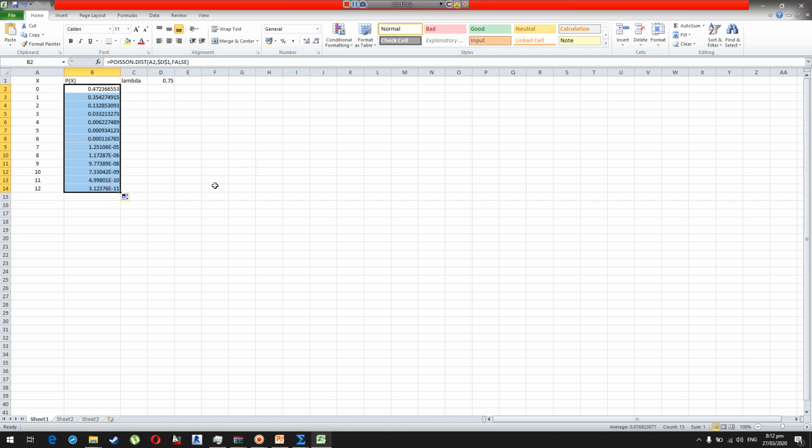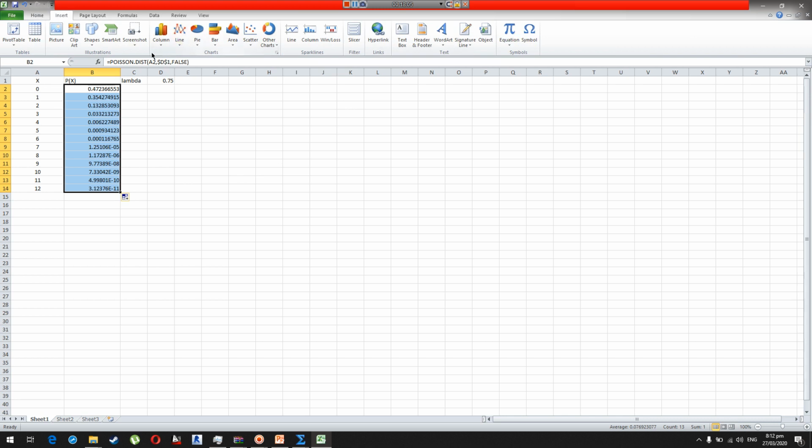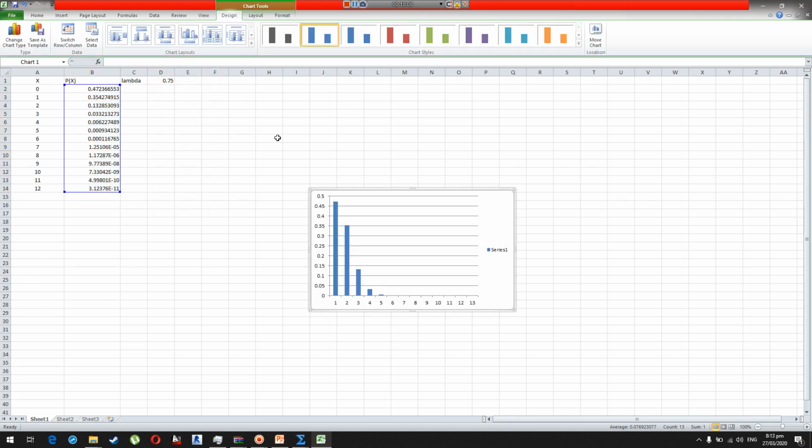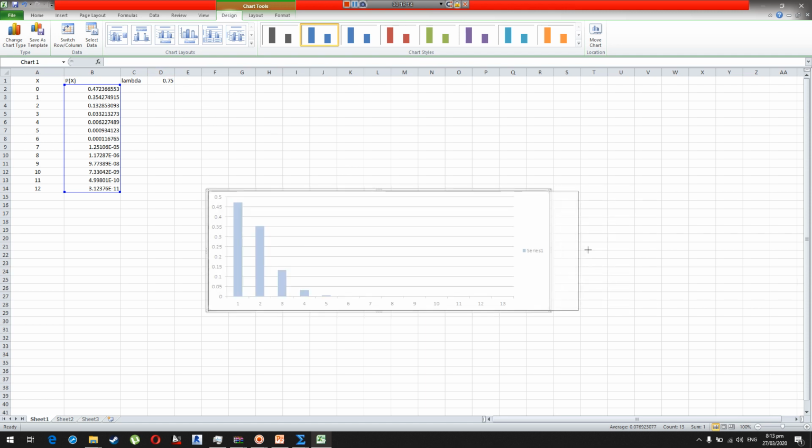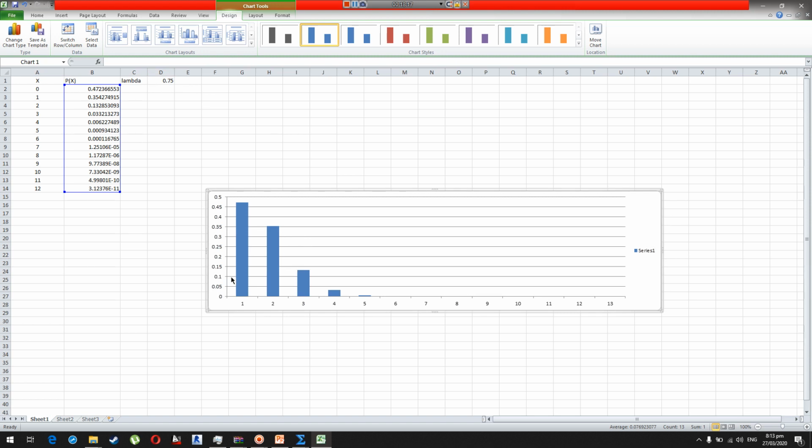Now you can plot a graph. If I insert a column graph here, you can see that the trend is a decreasing trend. In a Poisson distribution, we sometimes also have a graph that is increasing and then after increasing it decreases, like a skew toward the right. So here, with lambda 0.75 and X from 0 to 12, we have different probability values.